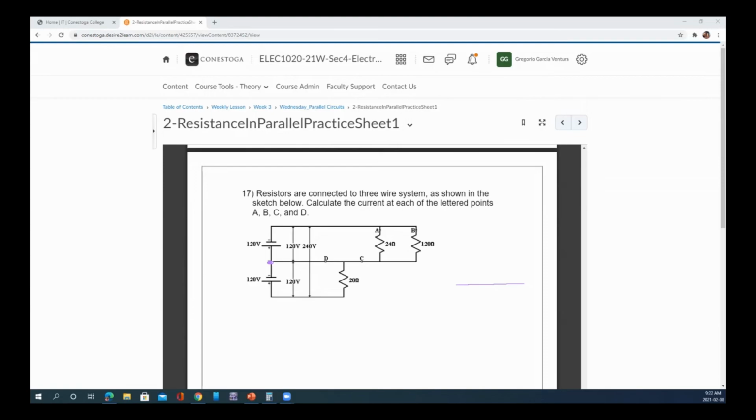But you have to keep in mind that in any given line, anything above this line that I have drawn here, which is the neutral plane, is positive, and anything below the neutral plane is negative. So even when you have AC, you always have that positive voltage and negative voltage.